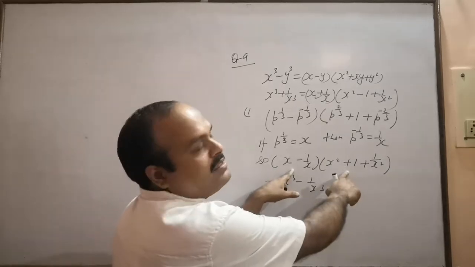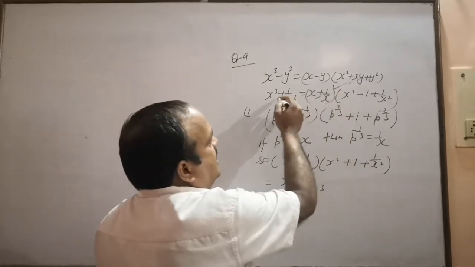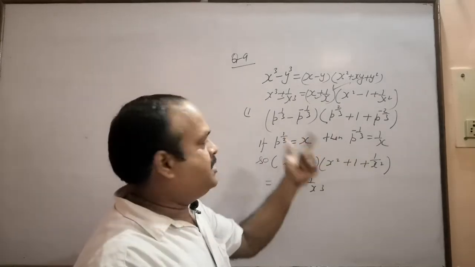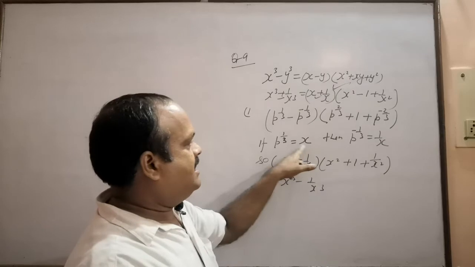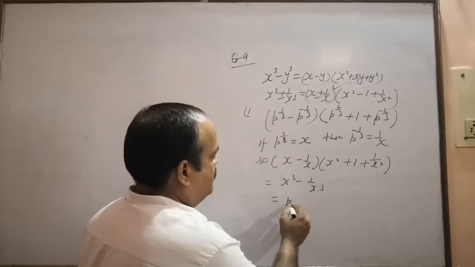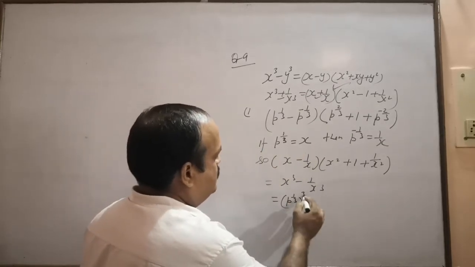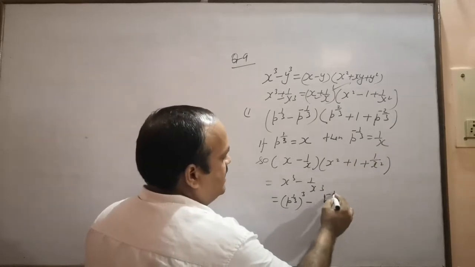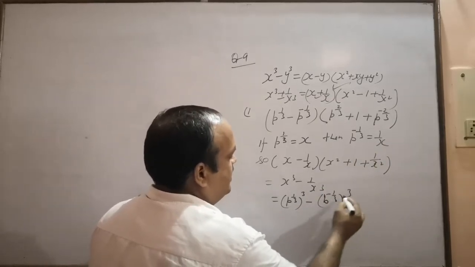The product of this will be x cube minus 1 by x cube by this concept. So resubstitute the value of x as p to the power 1 by 3. So p to the power 1 by 3 raised to 3, and 1 by x can be written as p to the power minus 1 by 3 raised to 3.